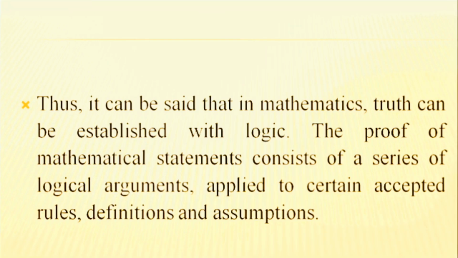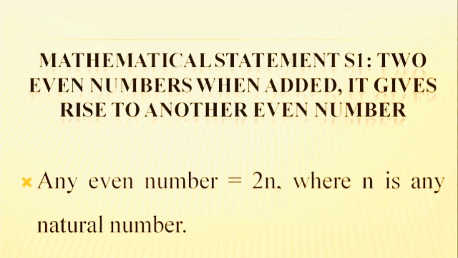The proof of mathematical statements consists of a series of logical arguments applied to certain accepted rules, definitions and assumptions. Mathematical statement, that is, two even numbers when added give rise to another even number.